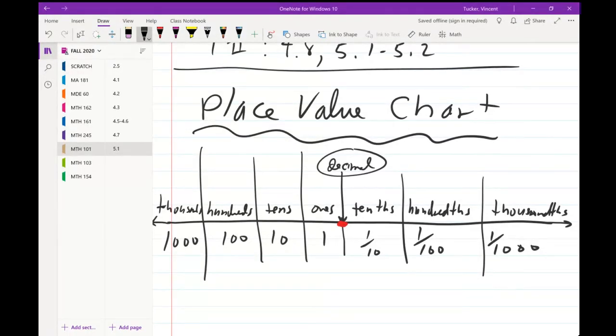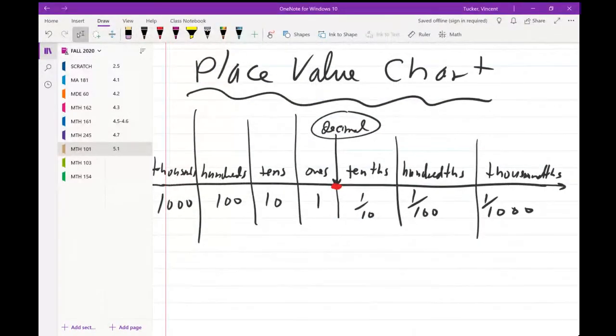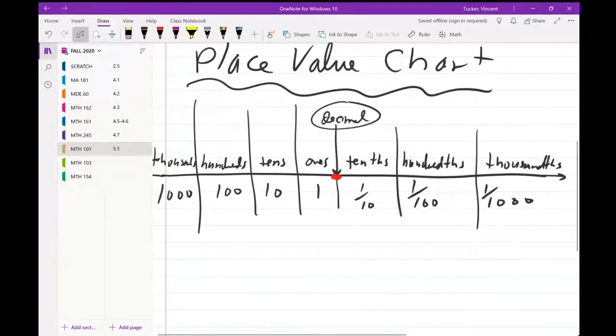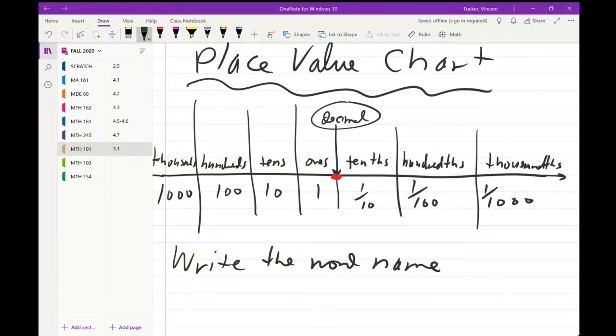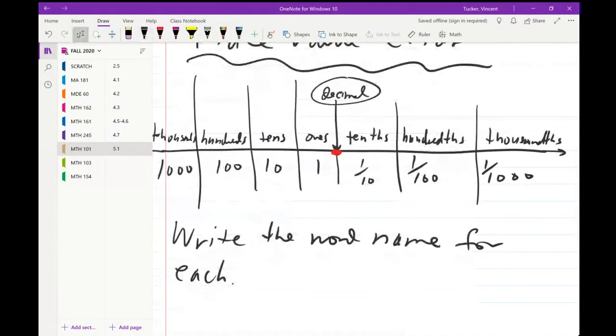All right, so let me go back to notes. Okay, so let's look at what the first exercise is. Oh, also, I didn't point out that the decimal, when we write the word name, will be "and."